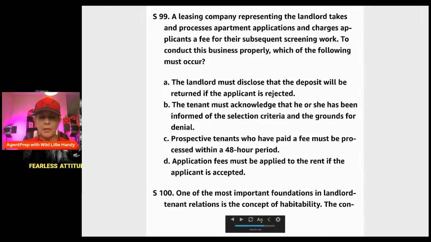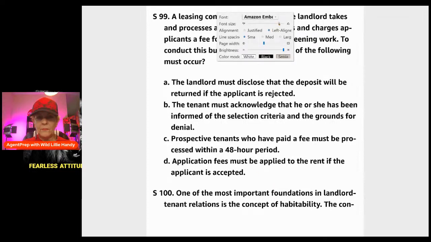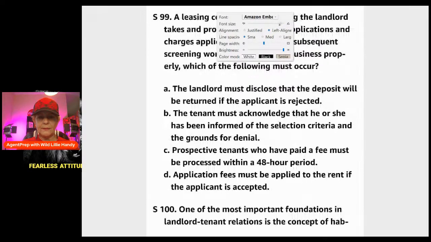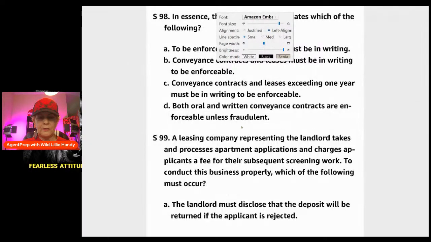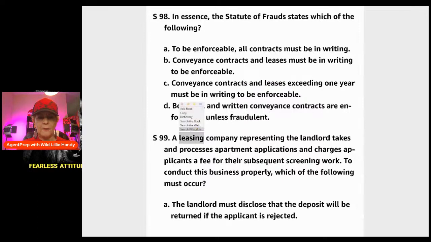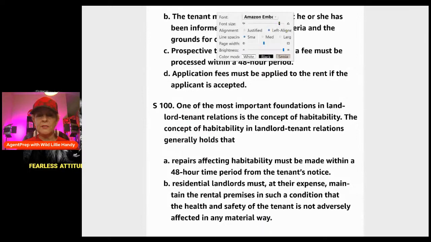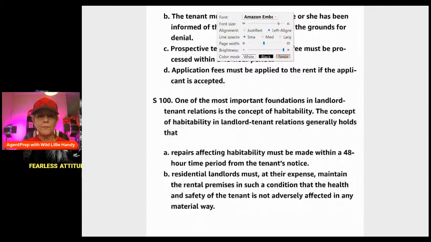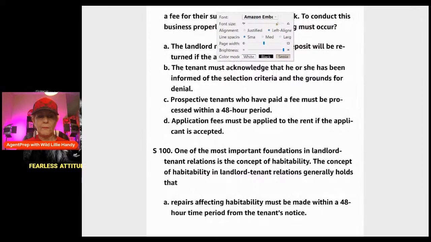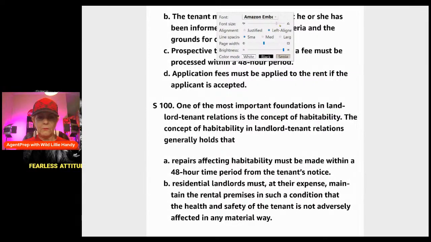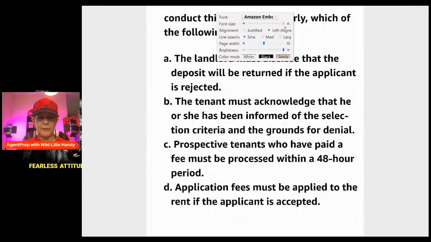Okay, number 100. Let's everybody get this one right. It's the last question of the exam. This was 100 questions and we've been doing 25 on each session.